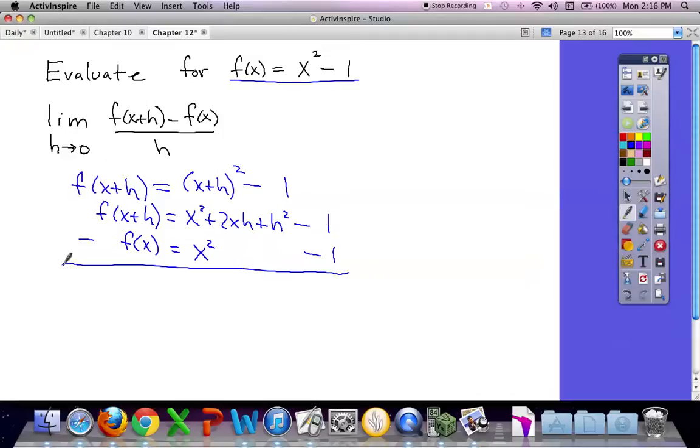Right, when you subtract f of x plus h minus f of x, what you're going to find is that every term that does not have an h in it cancels. Right? X squared minus x squared cancels. Negative 1 minus negative 1 cancels. All that's left is 2xh plus h squared.